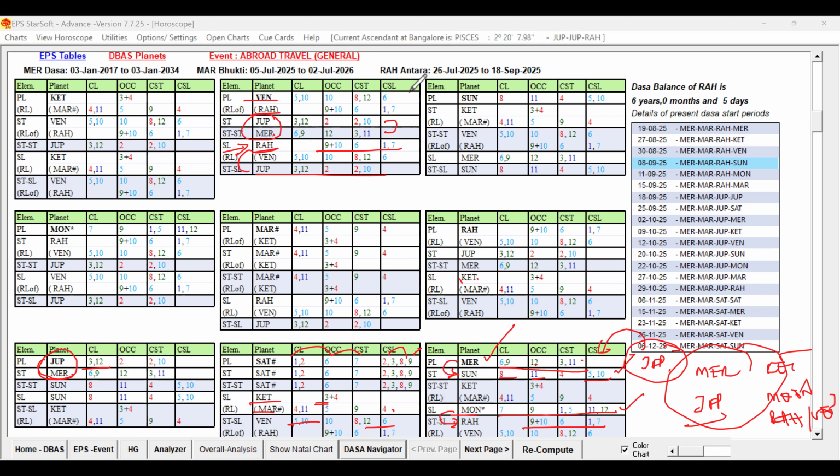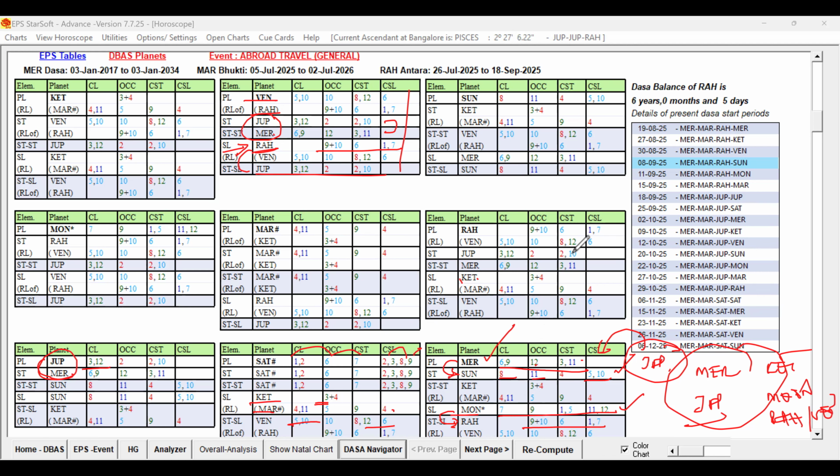So these rulers of Venus are very much favorable under the Mercury Bhukti. It is supportive for travel abroad. So Mercury's key planets are playing a role in the Antra. So for his travel abroad, Mercury is supportive for both travel abroad and also marriage, right?